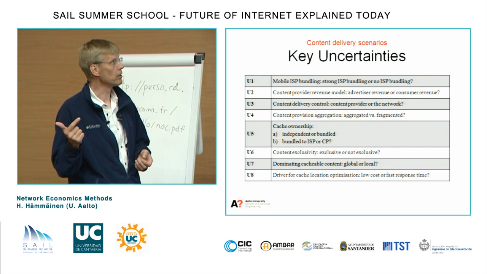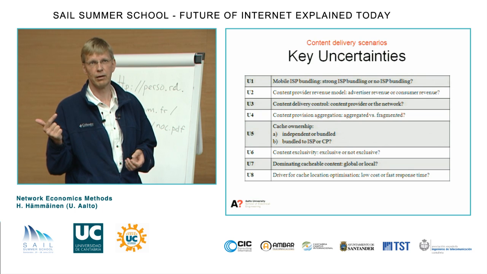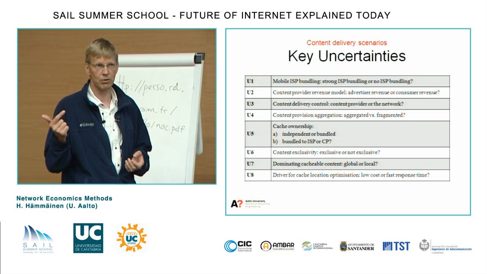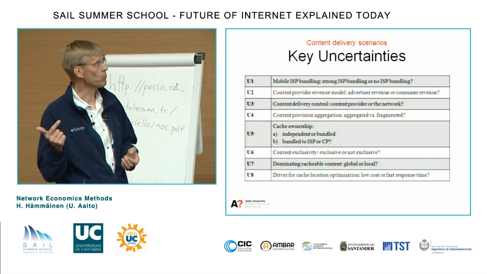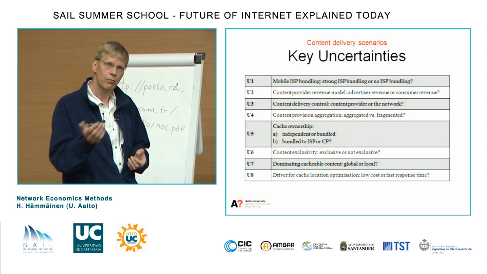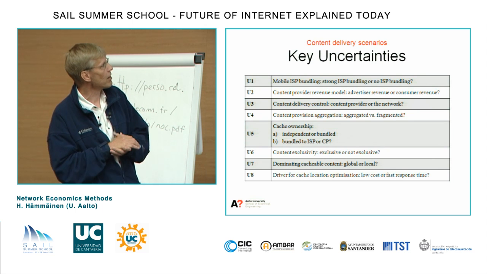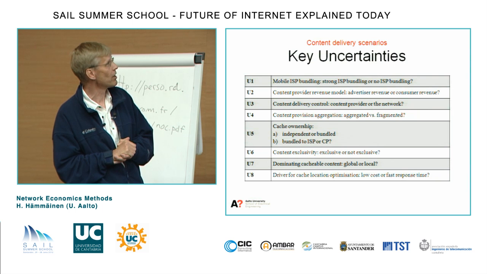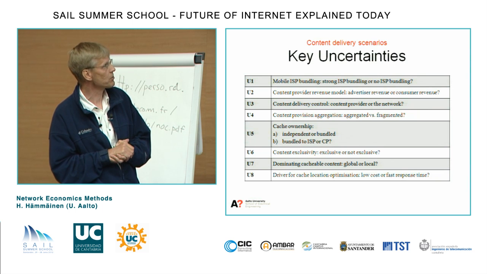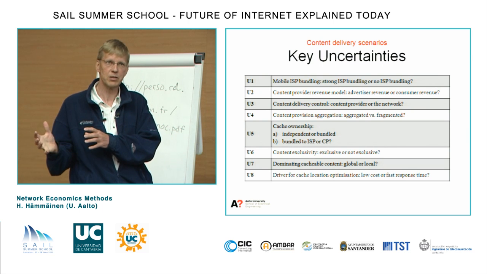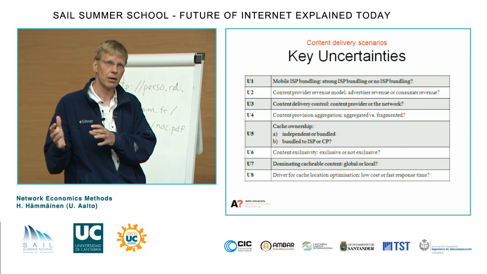You can even bundle content, and that actually means that you take more roles, and that means that you must have market power to do that. You might try to do it, but you don't succeed if you don't have enough market power. How you get market power, we'll come back to that later on. So there is a fundamental uncertainty whether the bundling strategy of mobile operators will succeed or not.